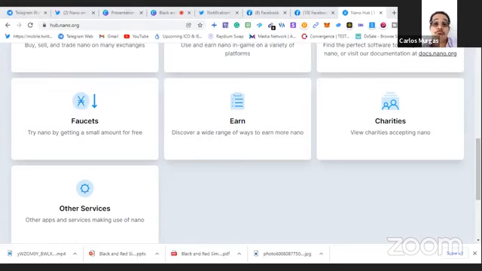So get in the Nano Hub and start exploring the ecosystem. Also, if you want to be part of the Nano community programming, if you want to be an ambassador too, if you want to be a community manager of Nano, or if you want to moderate the socials of Nano, you can send an email. There is an email on the Nano Hub page where you can send your interest.